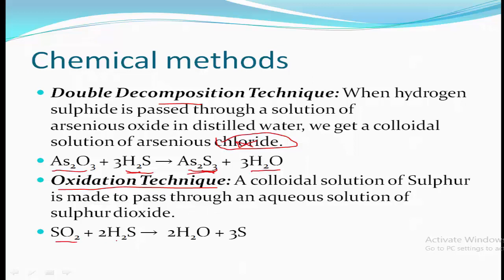When this hydrogen sulfide and sulfur dioxide are mixed with each other, we will get the sulfur sol along with the water. So this is how we form the colloidal solution by using oxidation.